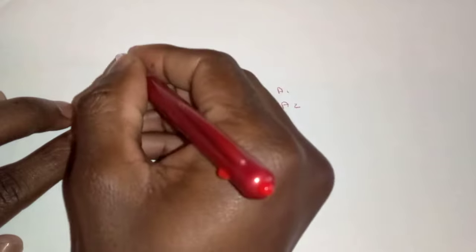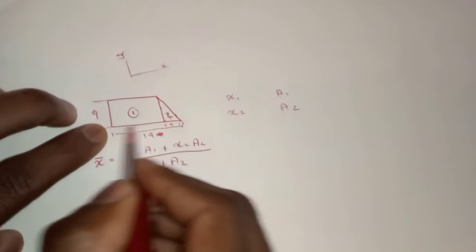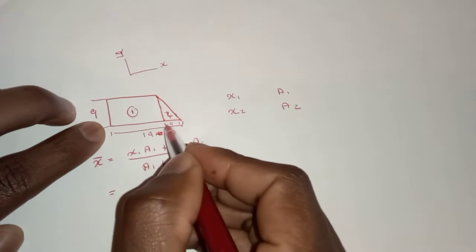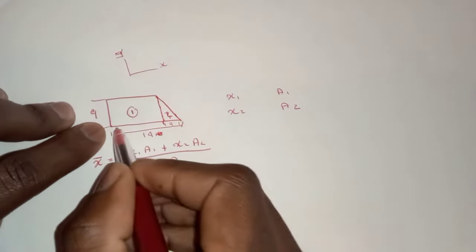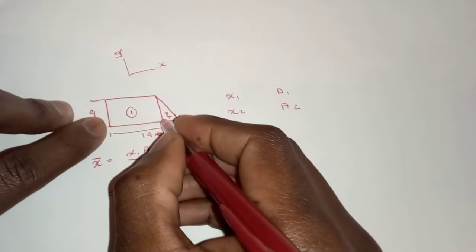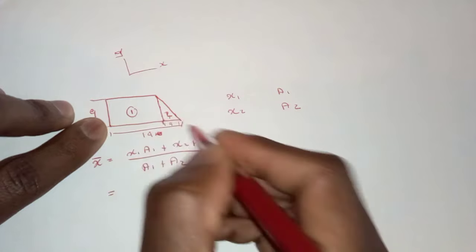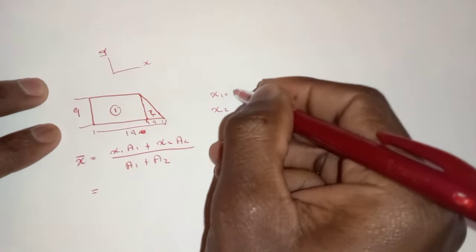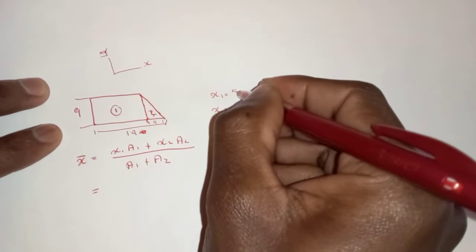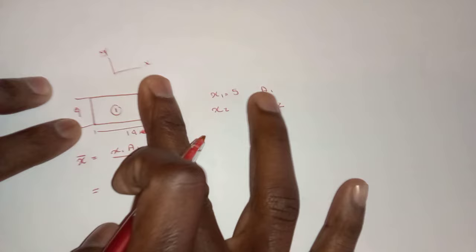Since this is 9, meaning from here to here it is 10, our x bar will be 10 divided by 2, which is 5. That is our x1 for this object labeled number 1.